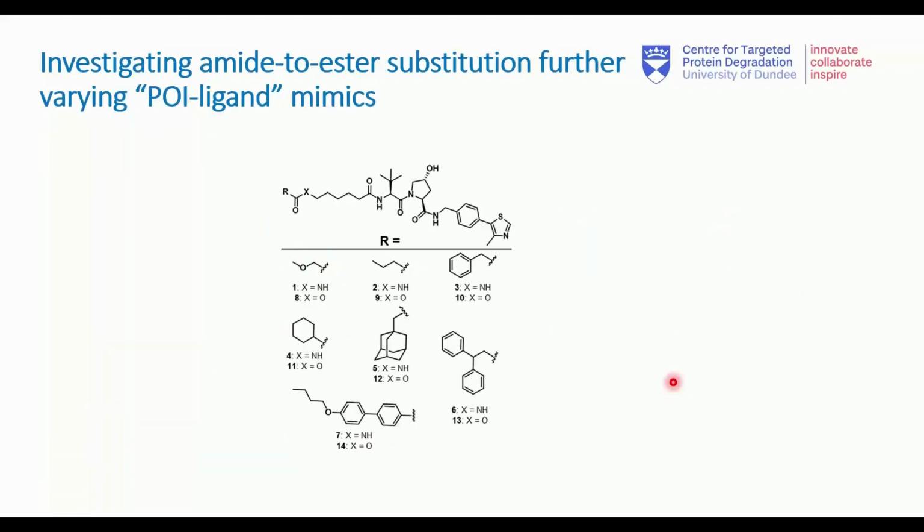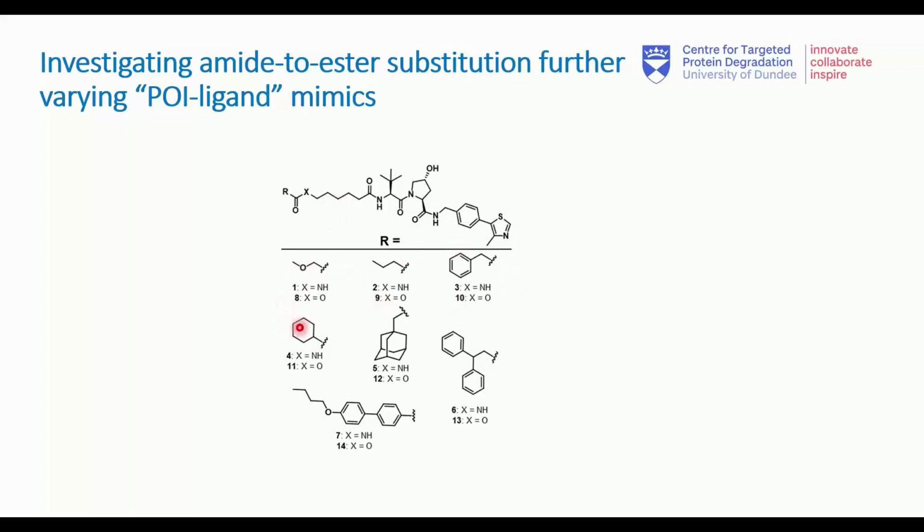So we want to further investigate the amide-to-ester substitution, and we want to first vary the lipophilicity and see what size groups affected permeability. We chose an alkyl linker in this case, just to remove any additional intermolecular hydrogen bonds that can be formed through PEG-based linkers.